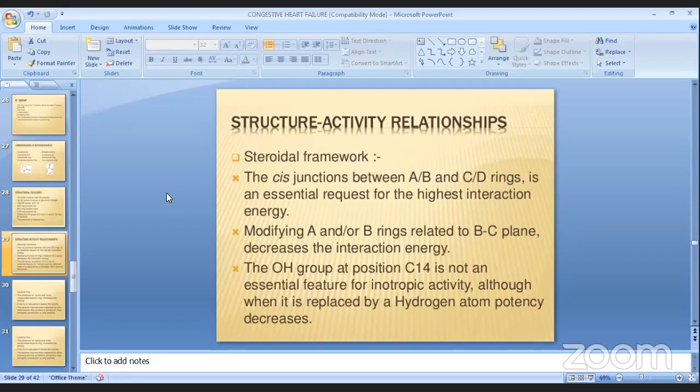So if you want maximum inotropic effect of a cardiac glycoside, one OH group must be at the 14 position. And if you replace it by hydrogen, there will be a decrease of activity.